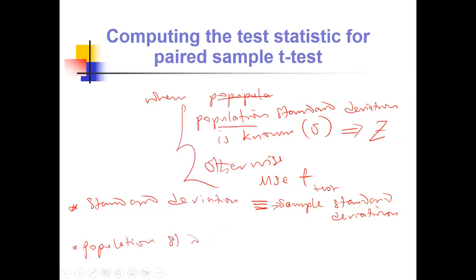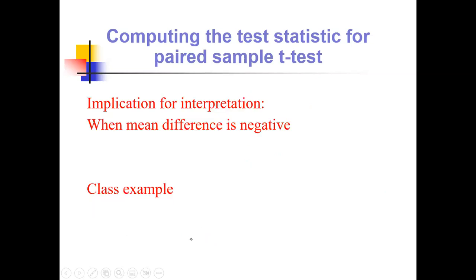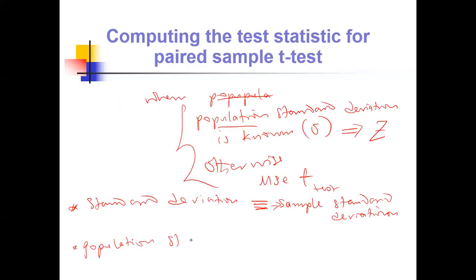I'll just use SD to represent that. The population standard deviation will be written out in full. Let me write it in full: population standard deviation.